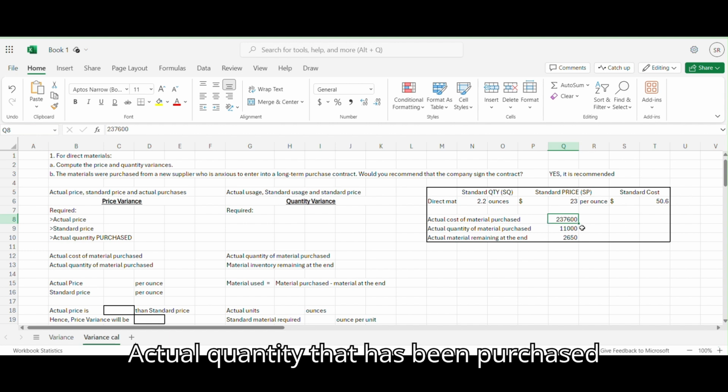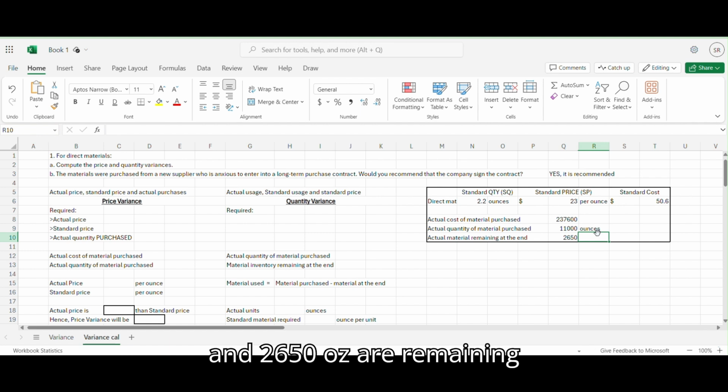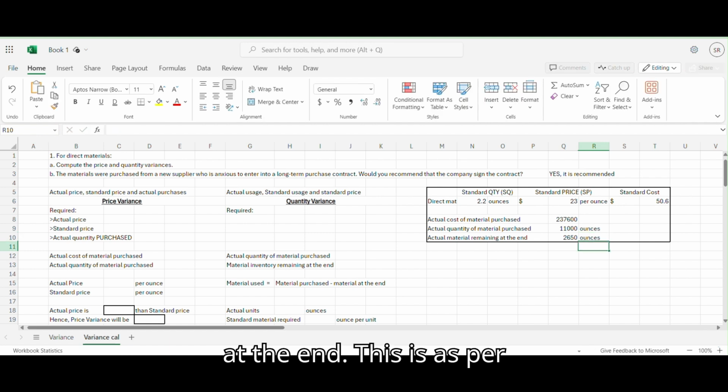Actual quantity that has been purchased is 11,000 ounces, and 2650 ounces are remaining at the end. This is as per point B.